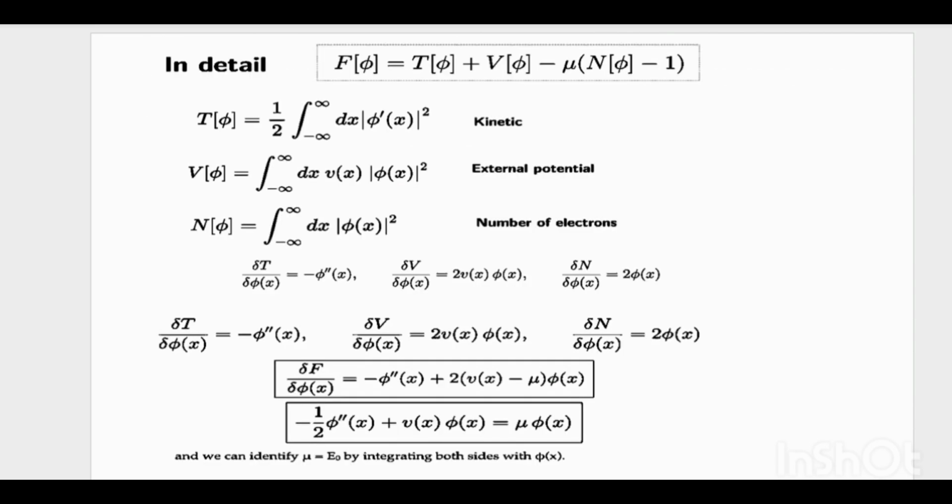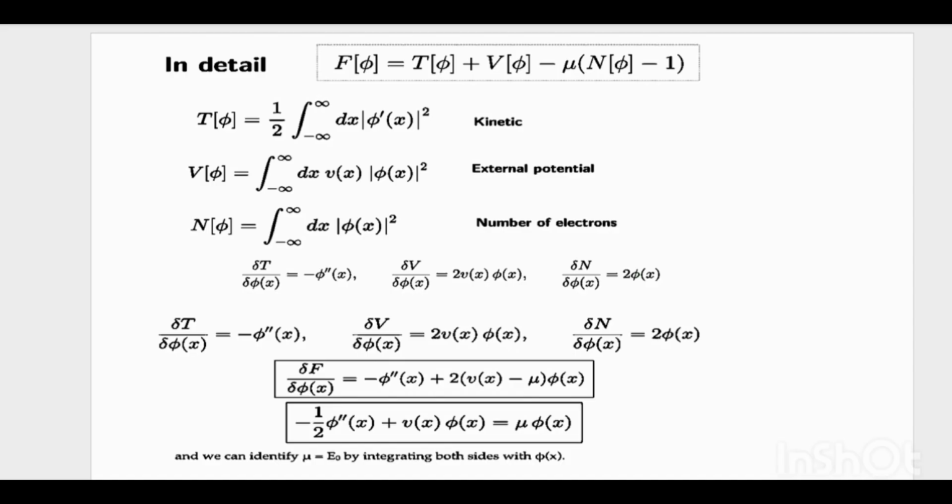We know that the minimum energy is the one whose derivative will give us the zero result, because at the minimum the derivative is zero.